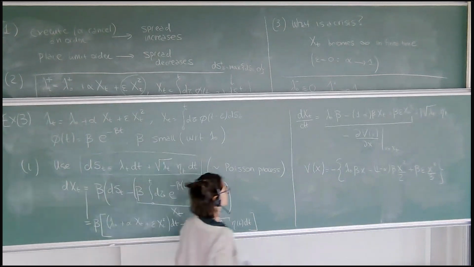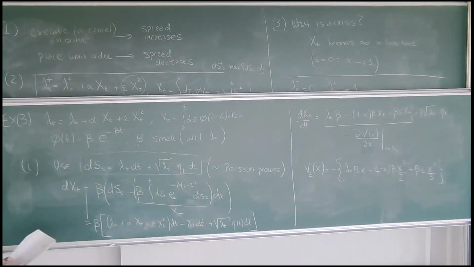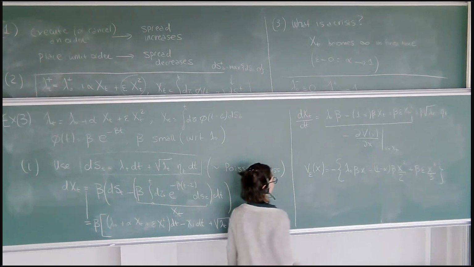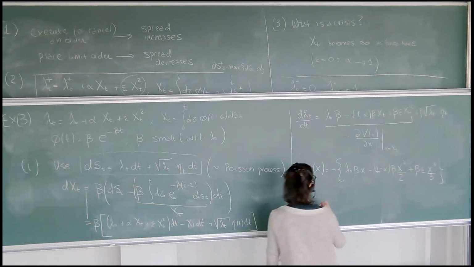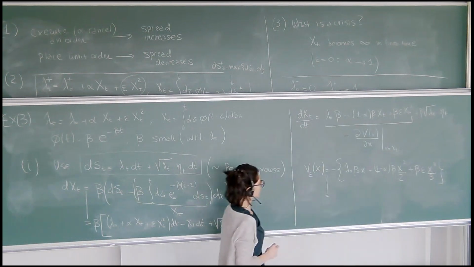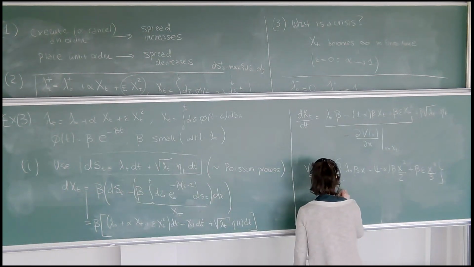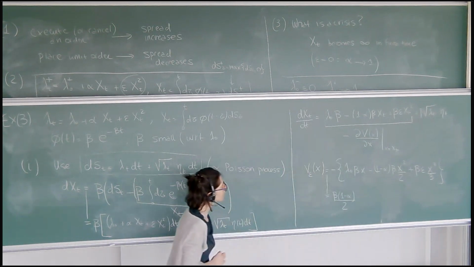Okay, so now this is our potential, which depends on our nonlinearity epsilon. And now to try to understand the dynamics, what we have to do is to study this potential. So let me rewrite it a little bit. So let me write this as beta 1 minus alpha over 2.